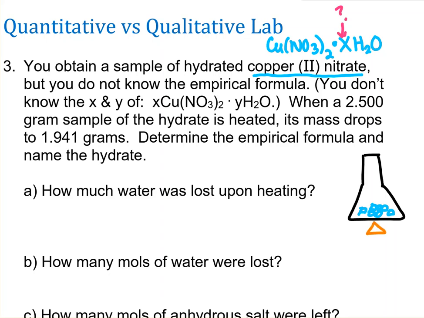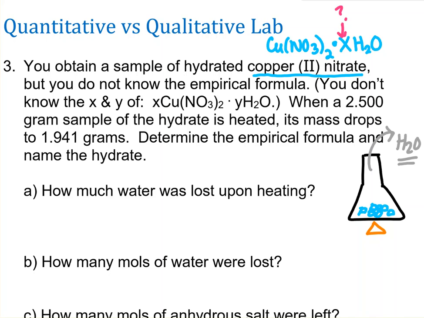And when we heated it, the water that was part of the salt hydrate escaped. So we weighed it before we heated it and we weighed it after, and then we knew how much water escaped. We could figure out how many moles of water that was and then compare it to how much salt was left, and that would give us our ratio to get this X.